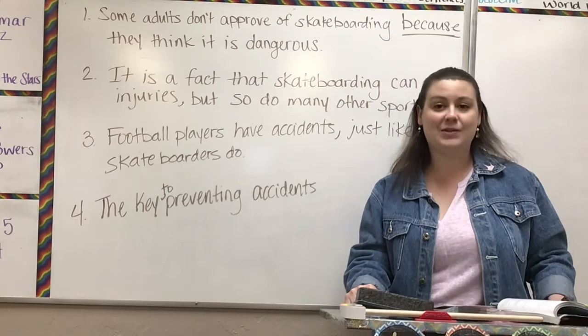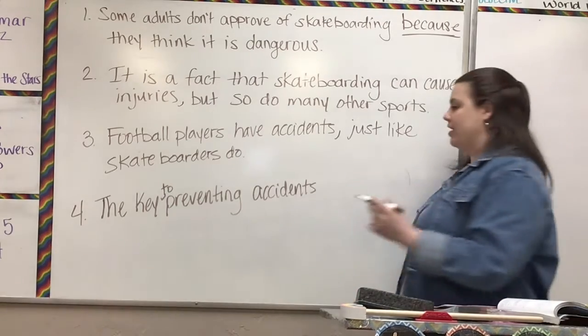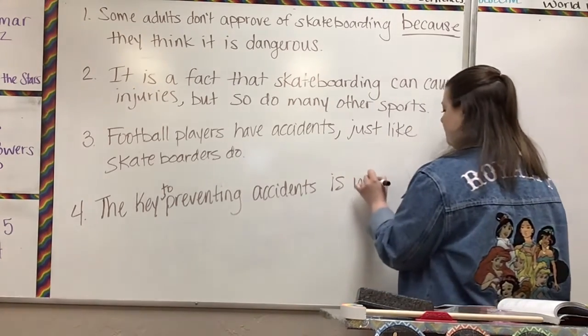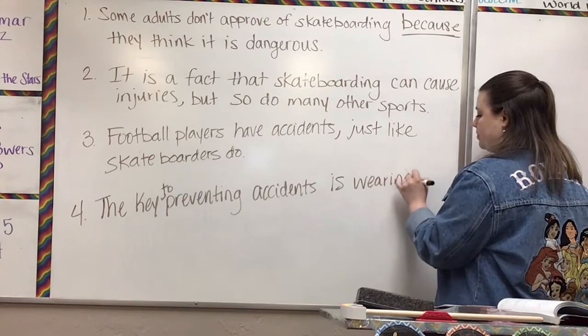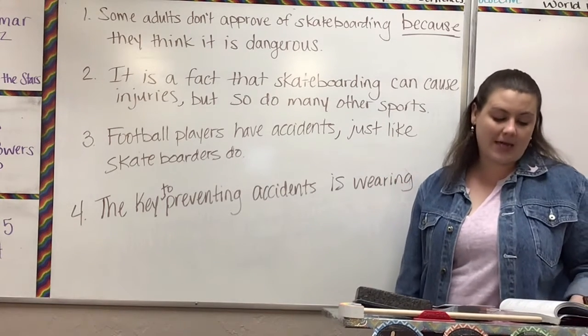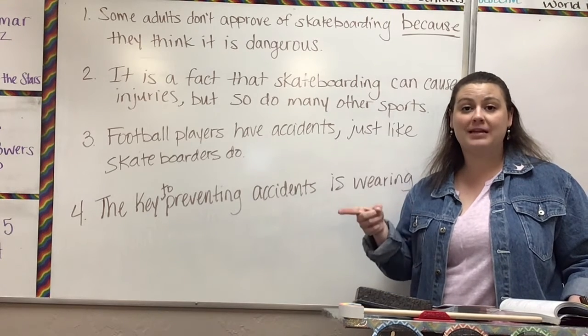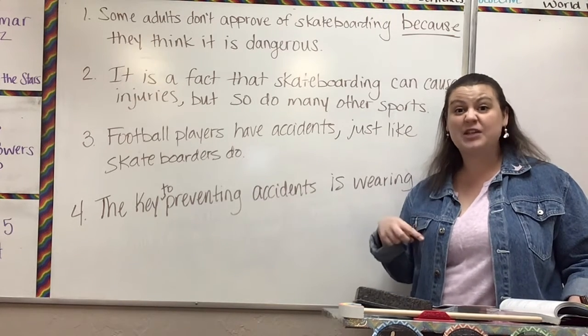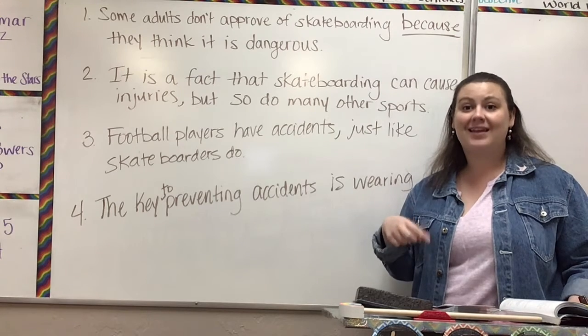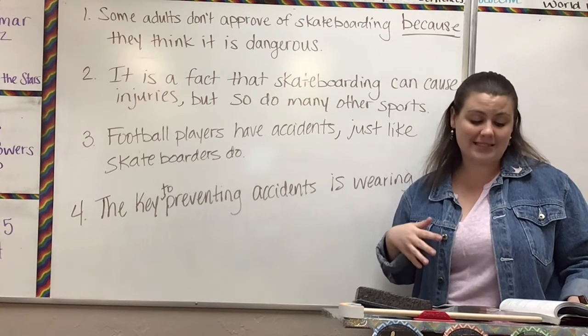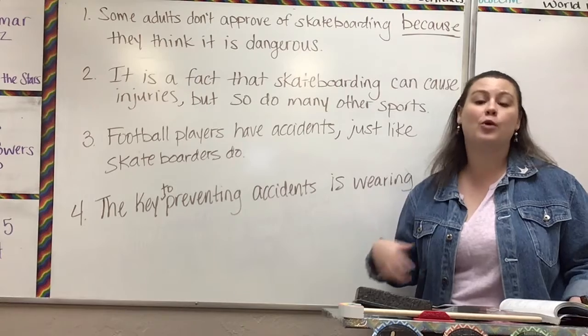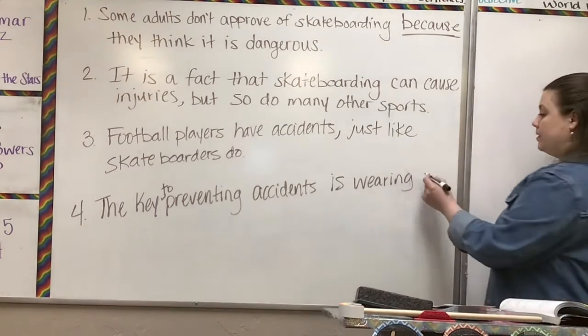We don't need to say is the wearing, we can just say is wearing. Proper and correct equipment. Would proper equipment also by definition be correct equipment and vice versa? Yeah, so you really only need one of those words. You could say is wearing the correct equipment or the proper equipment. I'm going to go with proper.